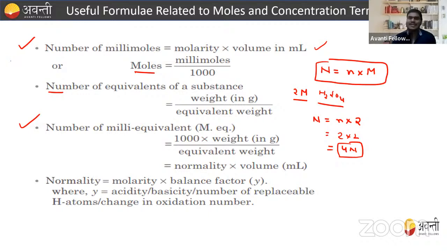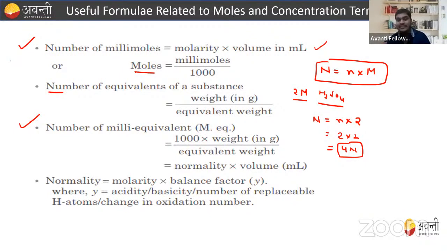So we can calculate the n factor: in terms of acid, we calculate basicity. In terms of base, we have to calculate acidity. In terms of salt, we have to calculate the positive charge of the metal. In terms of oxidation reduction, we have to calculate how much change in the oxidation state, whether it changes by +2, +3, +5, and so on.